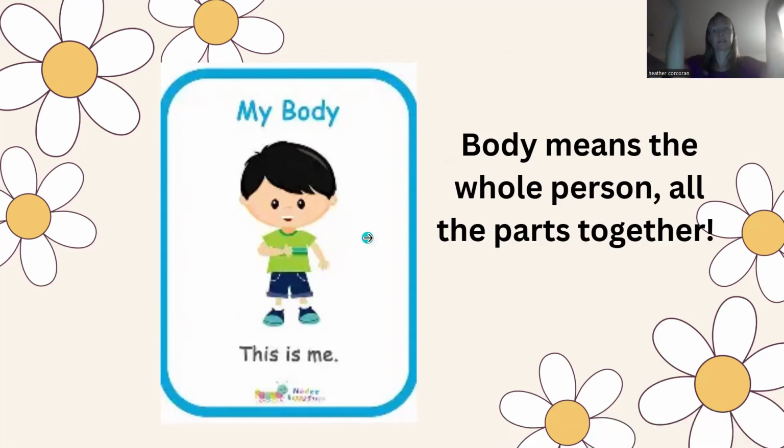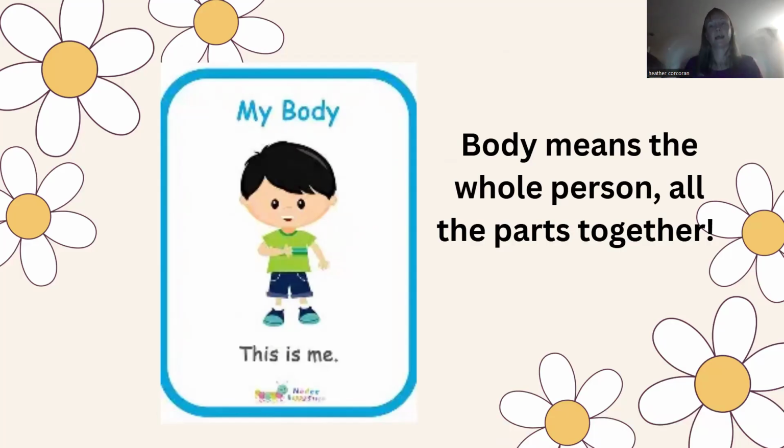So I would have my student stand up and I would say, I want you to repeat my body. And I would have them go from head down to feet. My body. Repeat my body. This is me. And they would do the same.